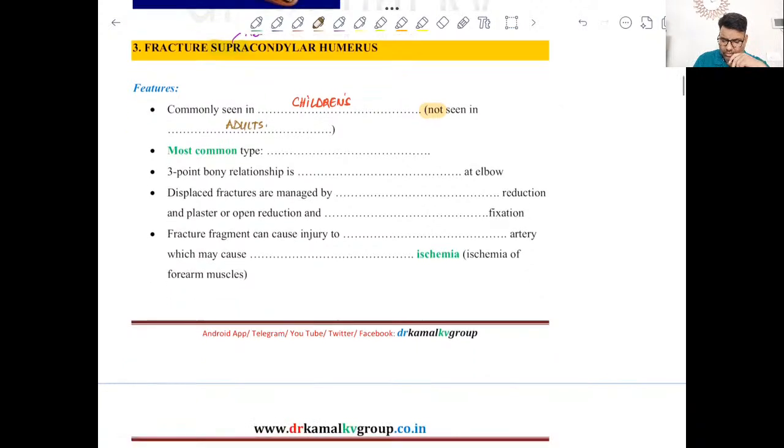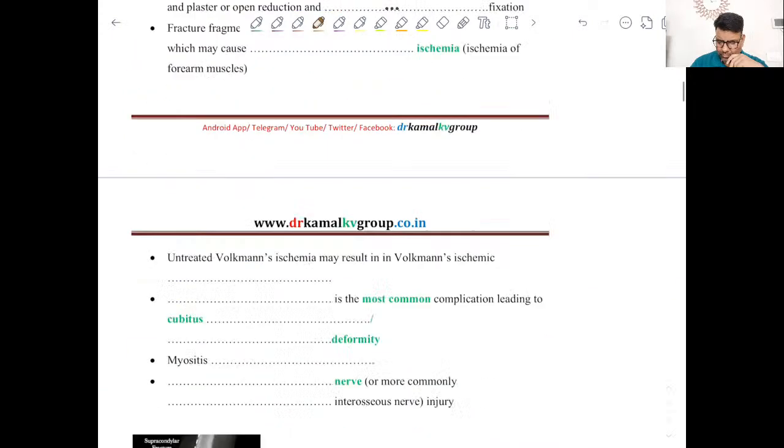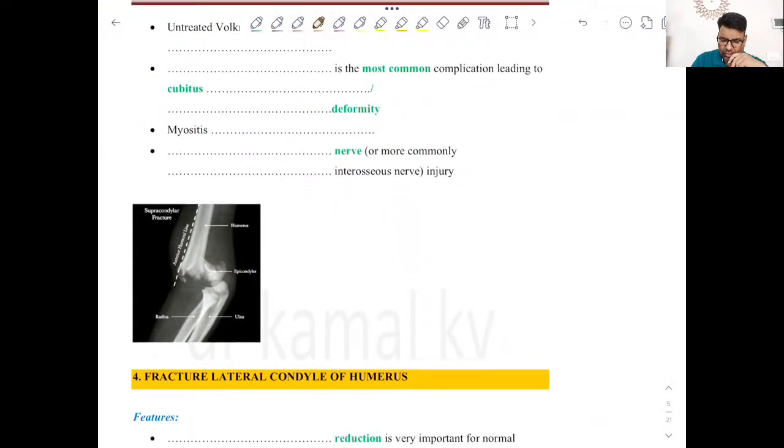Clear? Now there are two varieties depending on the movement of the distal fragment. If we see here, this is the proximal fragment, clear, and this is the distal fragment. So there are two types based on the displacement of the distal fragment. Here we can see that it is going behind or backward to the proximal fragment.